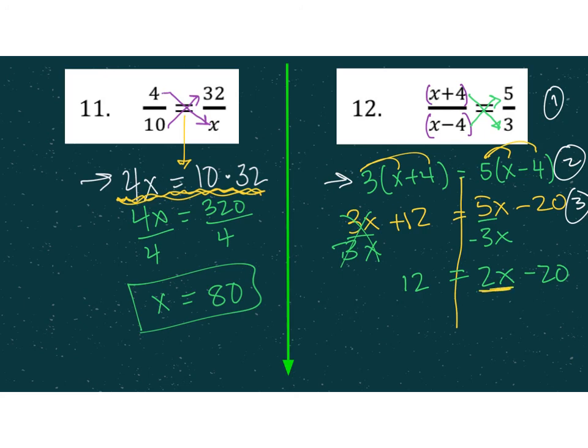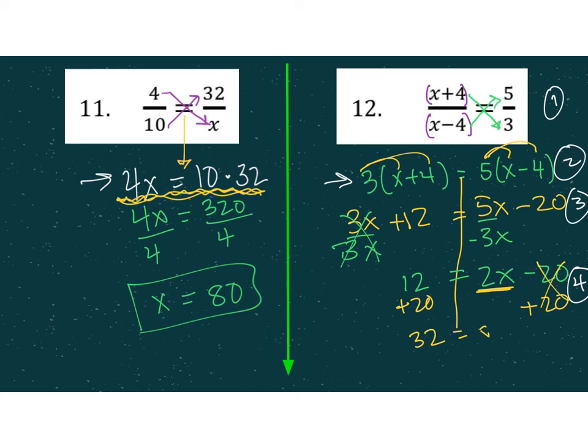My variable's over here on the right-hand side. To cancel the constant, I need to add 20. So I add 20 and I get 32 is equal to 2x. Those go away. So that was my fourth step, and check it out, I got one left. I didn't write my 2x. Oof, sorry. Go ahead and fix that.